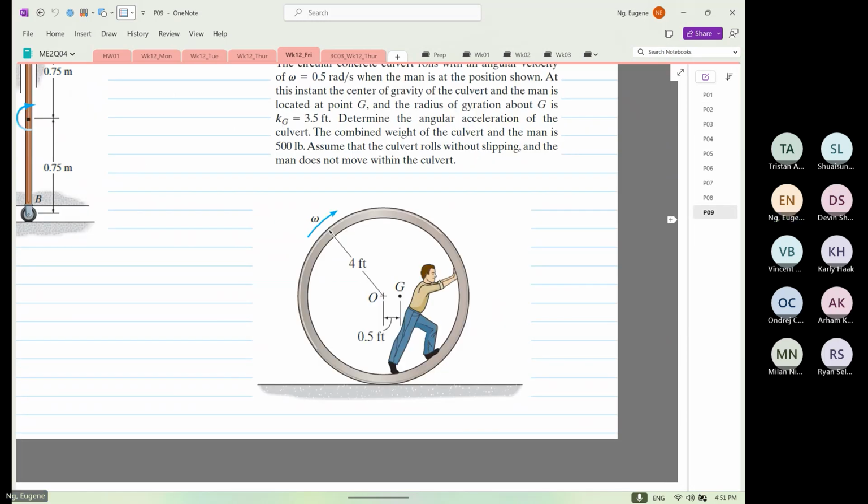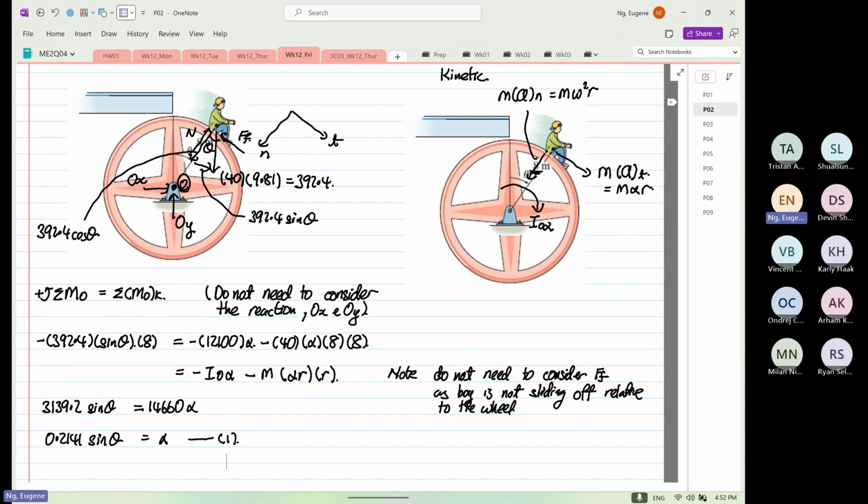Why? The wheelbarrow is rotating, and when it's rotating, it's also moving in a straight direction. Whereas for the boy over here, initially, when there's no slip, the boy is rotating about the x-axis. Are we clear? Okay.